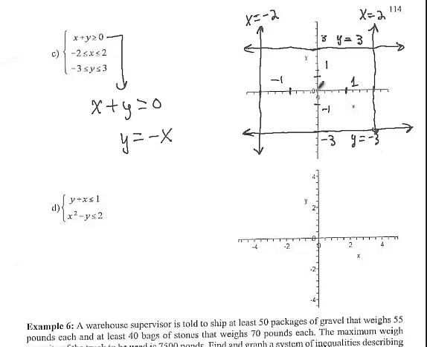So the origin is one of our points, and then 1, negative 1 will be another one of our points, and then let's see, 2, negative 2 will be the other one. So it doesn't cross through the corners.